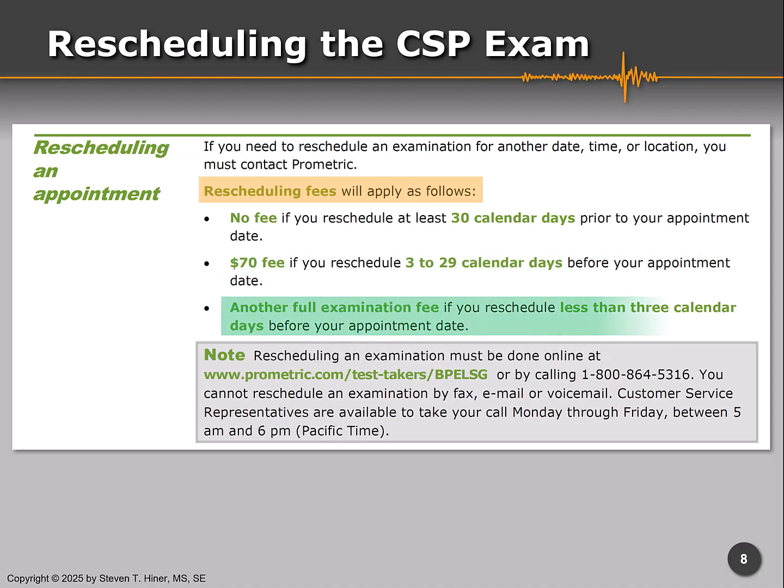Essentially, you're going to forfeit the exam fee if you reschedule less than 3 calendar days before your currently scheduled exam. And for that rescheduling, you have to use that website URL or call the 800 number.